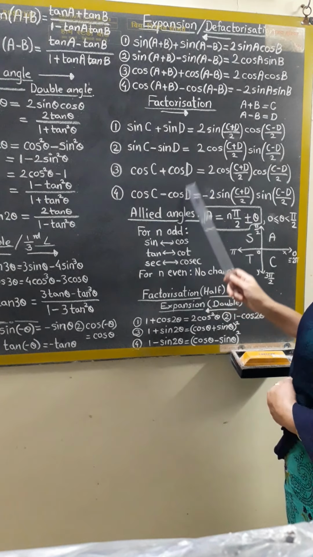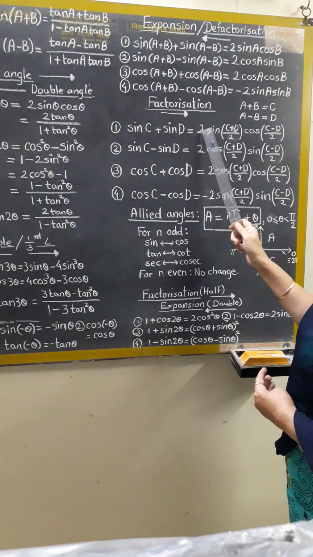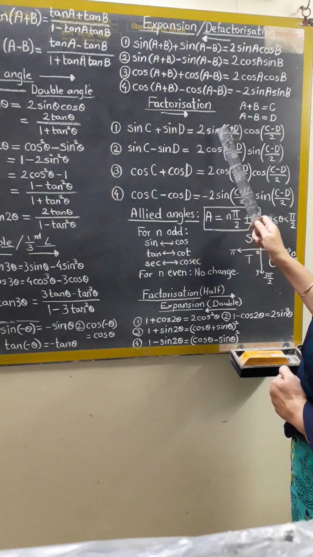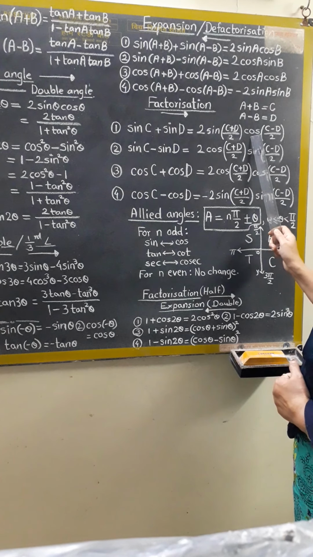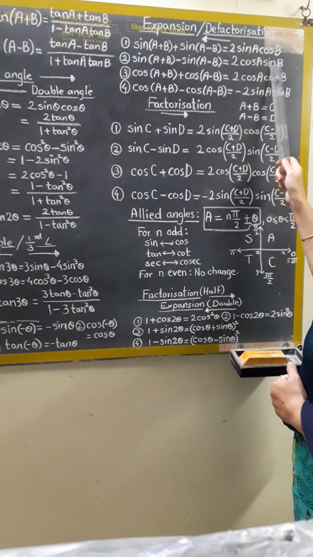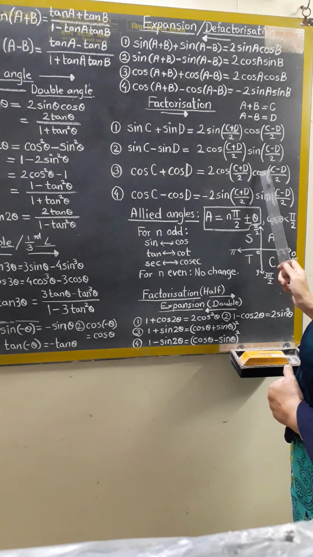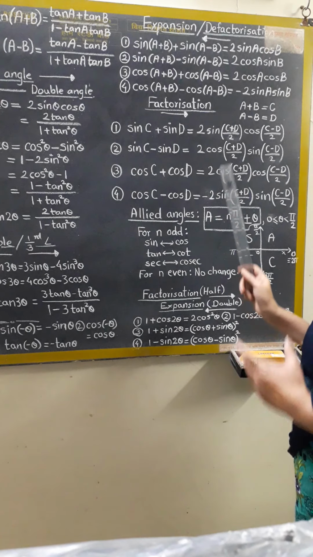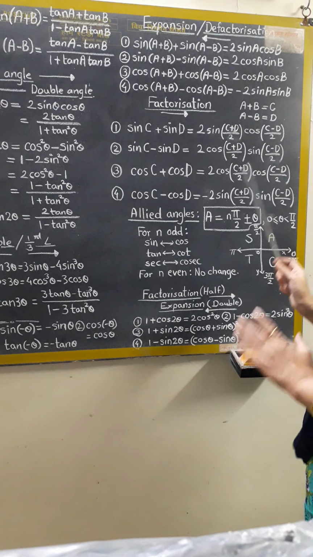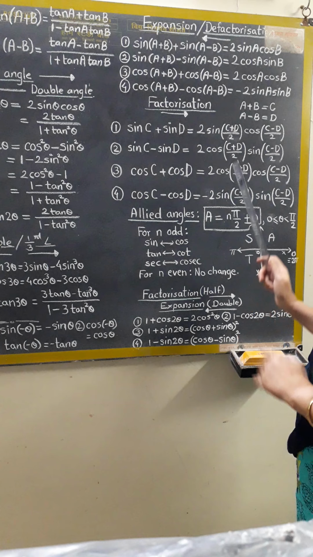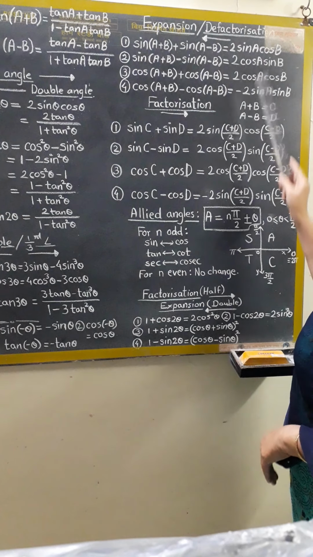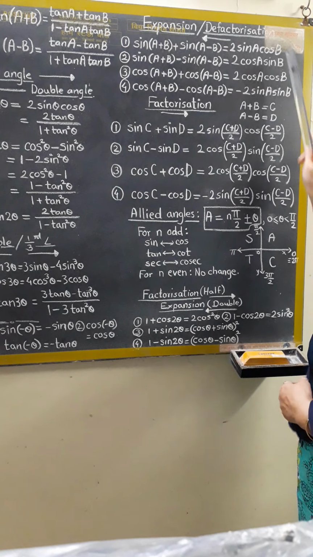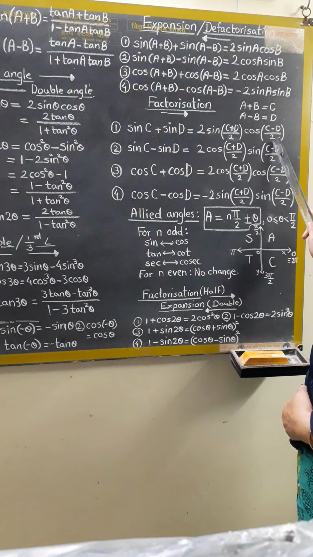And on the right side you can see the same thing: 2 times sin into cos, cos into sin, cos into cos, and sin into sin with a minus sign. Everything is the same, only in place of A we are writing C plus D by 2, and in place of B we are writing C minus D by 2.